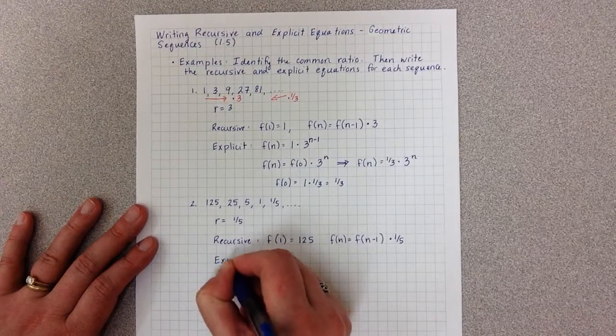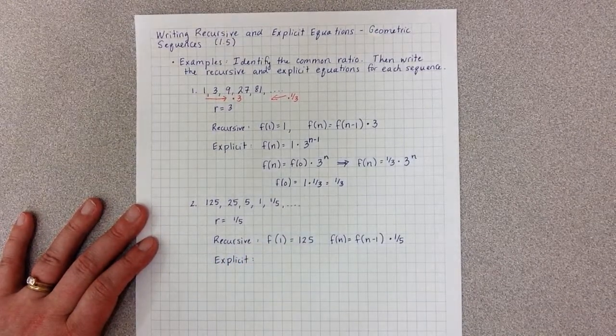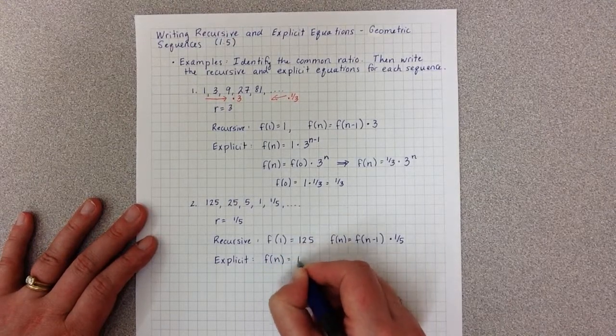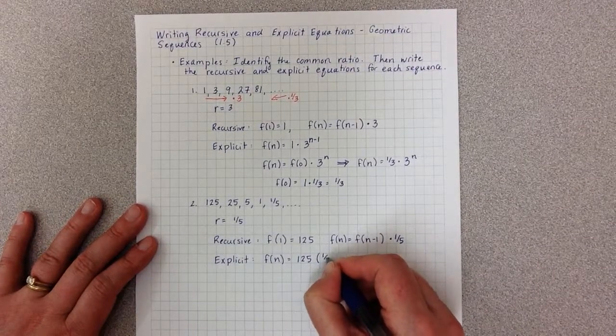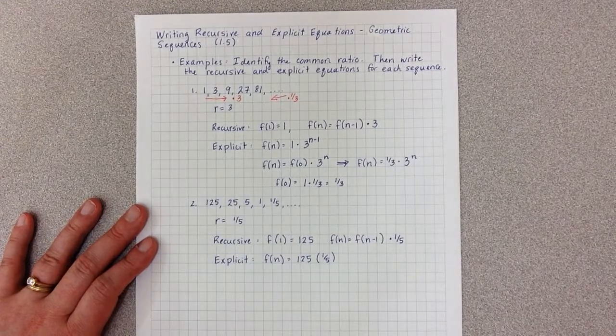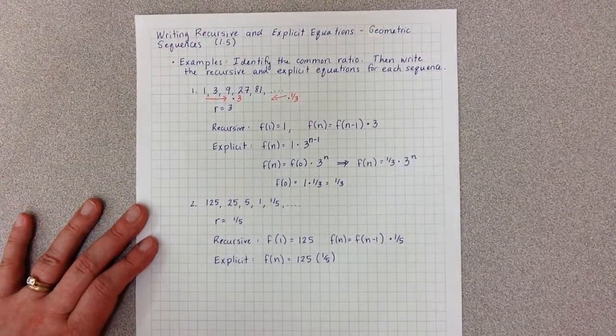So now for the explicit. For the explicit, I say where I'm starting. And then I say, well, I am multiplying by 1/5 over and over and over again. Again, multiplying over and over again is exponents.